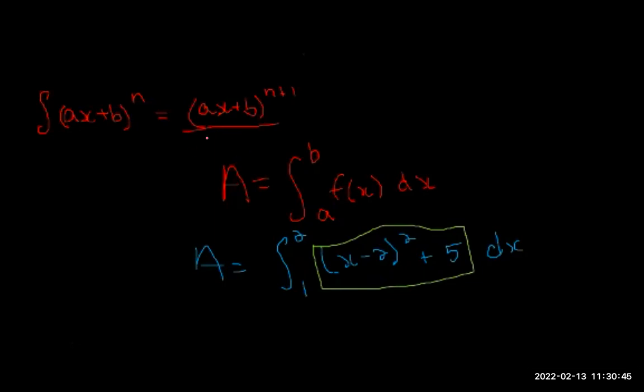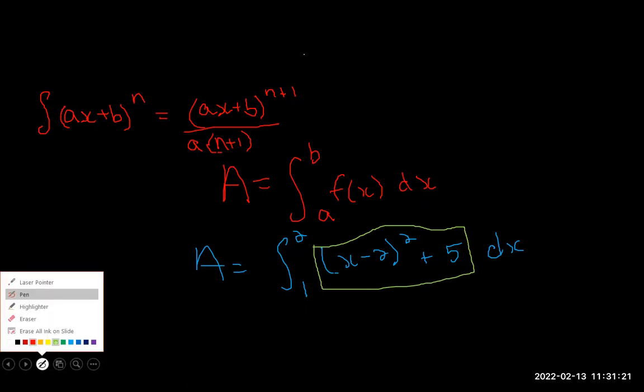The denominator isn't just n plus 1 like before. You have to multiply it by whatever the value of a is. And we said that a is the coefficient of x, so whatever number comes before x, that's your a. We did this rule already, right? No plus c, because this is definite integration.